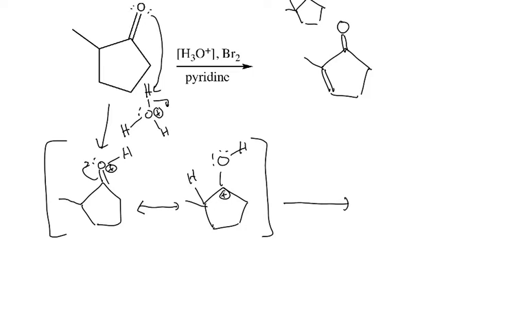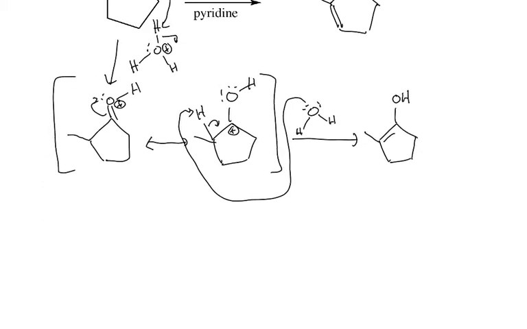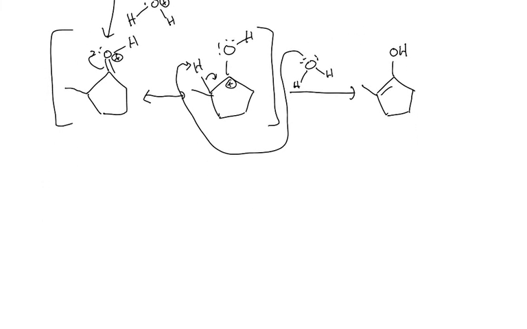All right, so then for the formation of our enol, the second step is deprotonation. So the water will come and grab that hydrogen, to give us our enol. And then in the next step of the alpha halogenation, my enol is going to do a nucleophilic attack on a Br2.